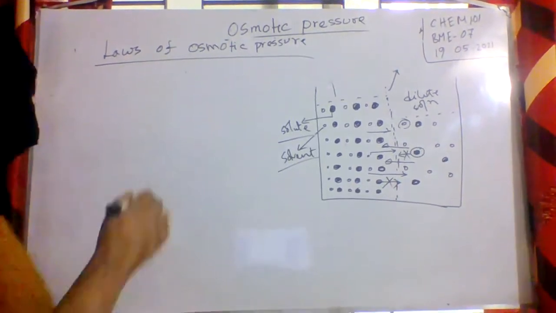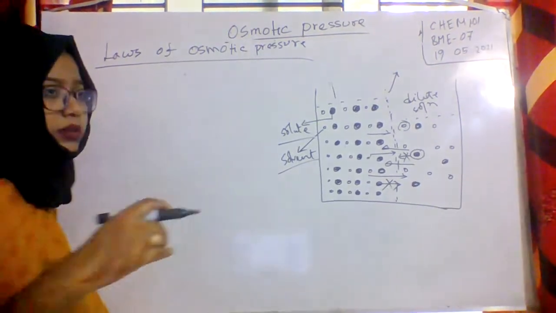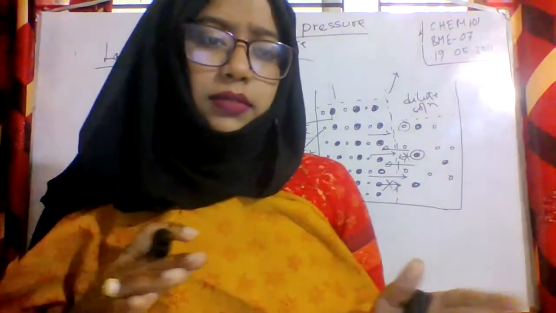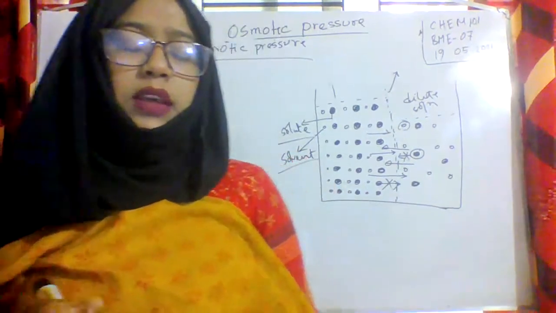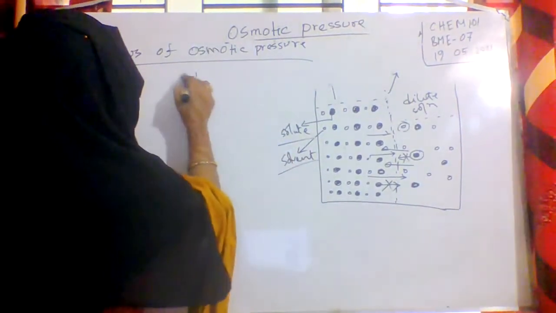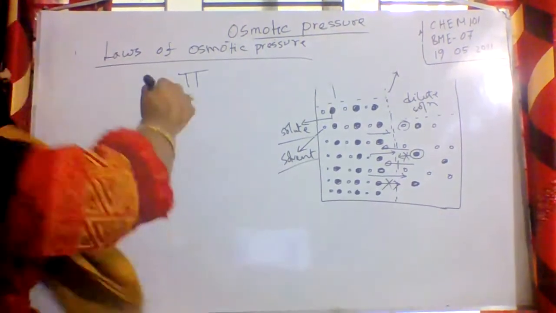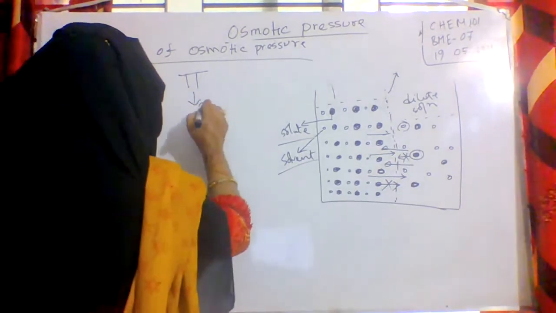Osmotic pressure, for certain reasons, is denoted by this sign, pi. It doesn't matter, you can denote this by P also.